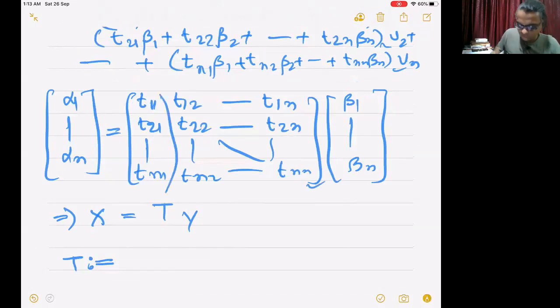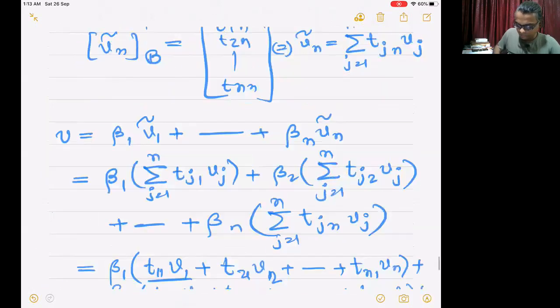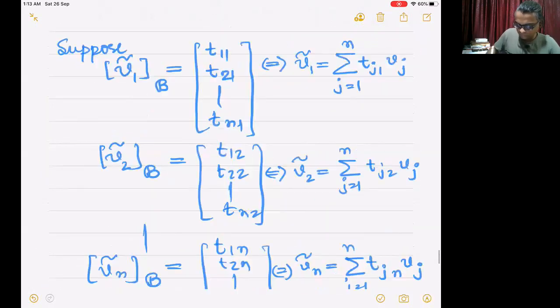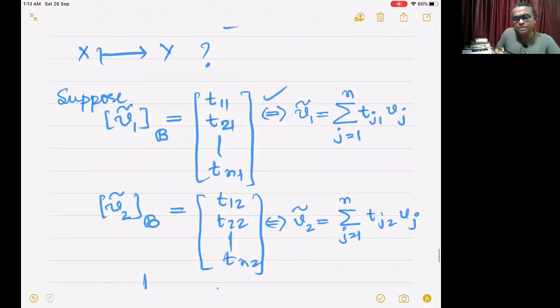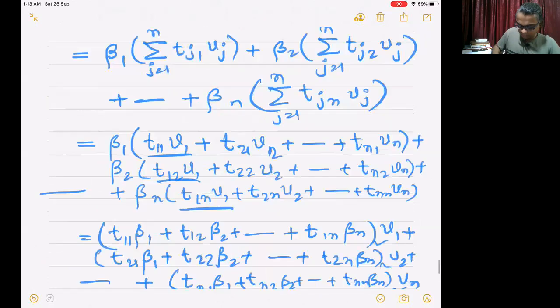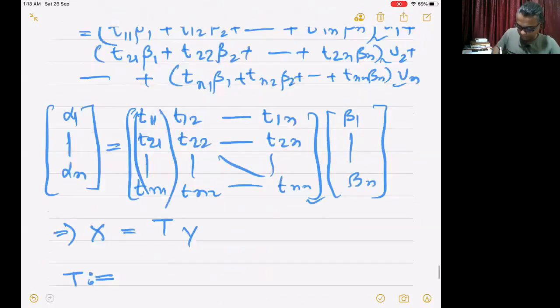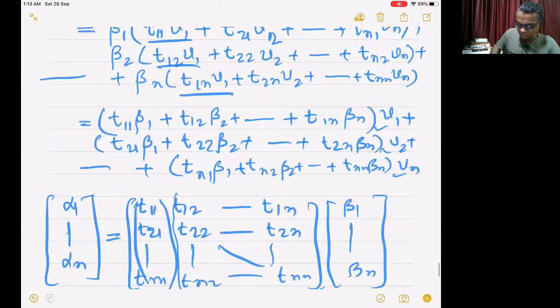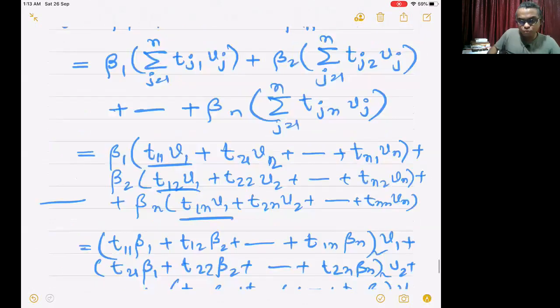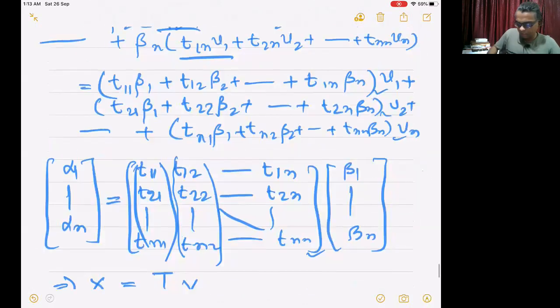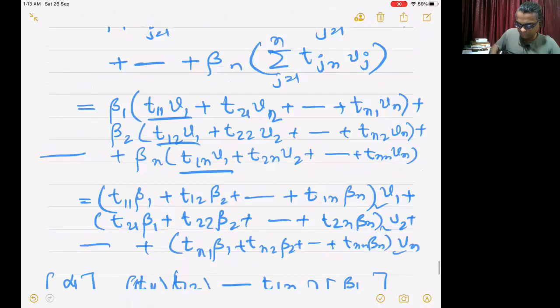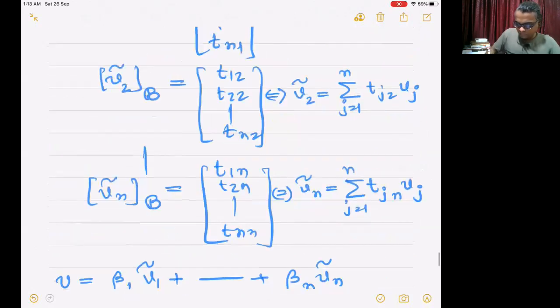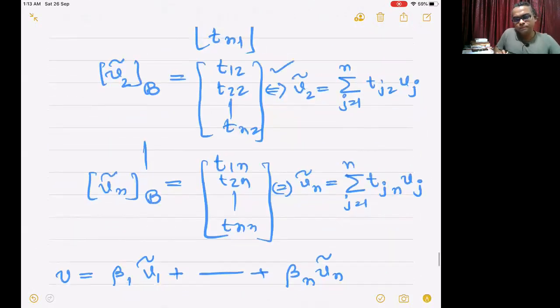Look at the first column, T11, T21 up to Tn1. That first column is V1 tilde represented in B. Look at the second column. Second column is this one, which happens to be T12, T22, and Tn2, which is V2 tilde represented in the old basis.